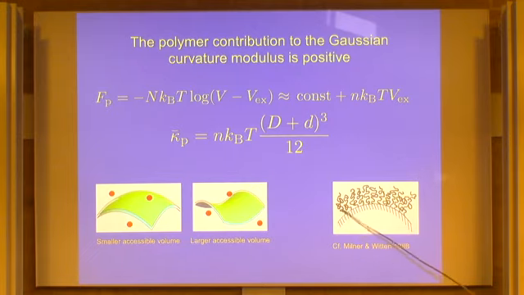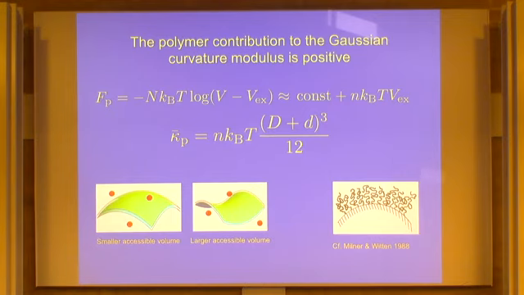What I just argued here is that the region where the polymers are sitting is smaller and they're squeezed together more. There's going to be a positive energy cost. So they argued that in this different system, the Gaussian curvature modulus should be negative, that there should be a cost to negative Gaussian curvature. So it's the same kind of geometrical argument.